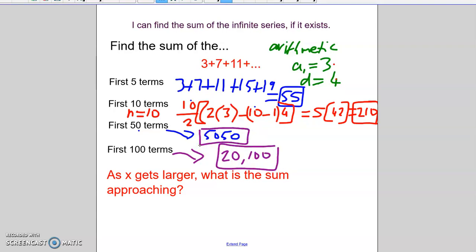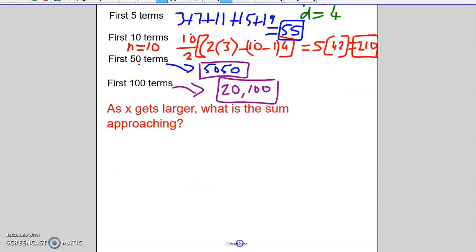So you'll see for these arithmetic series here that as your number of terms gets larger and larger, the series actually gets larger and larger as well. The sum gets larger and larger. And so this actually tends towards infinity.